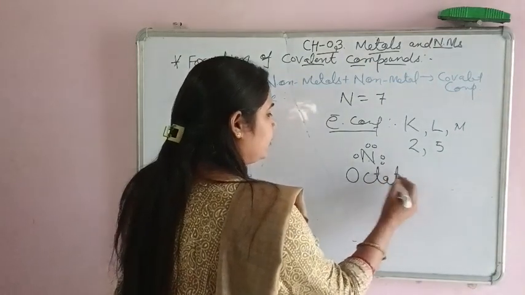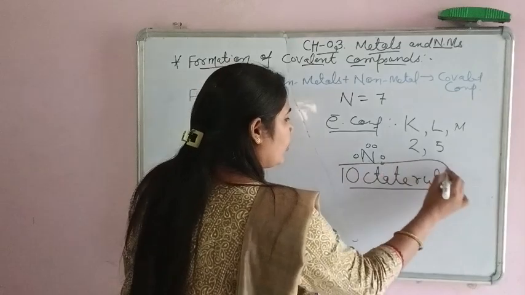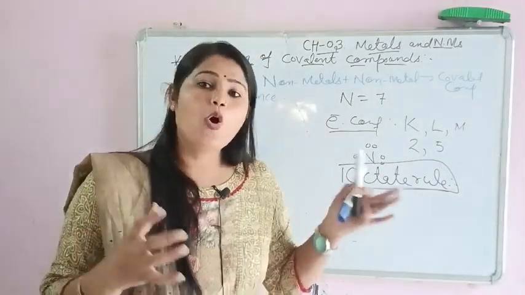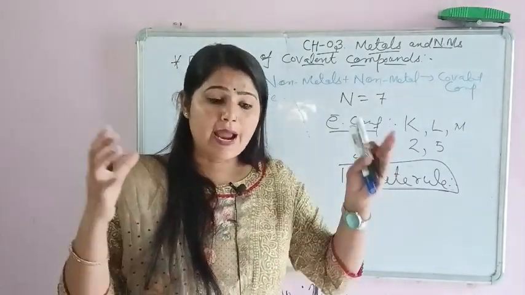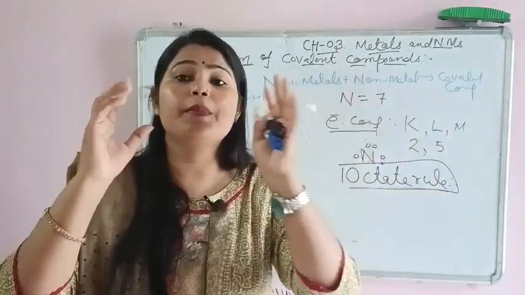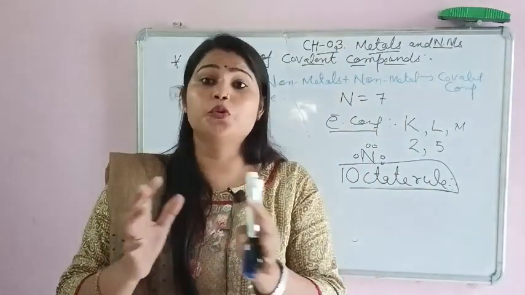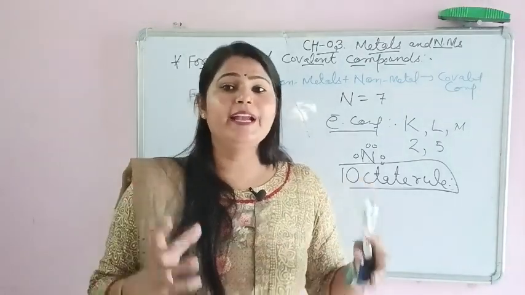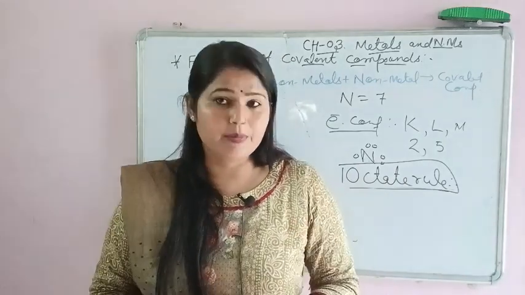What do you mean by the octet rule? Octet means 8. This rule says that an atom should contain a maximum of 8 electrons in the last shell; the valence shell should contain 8 electrons. If an atom acquires 8 electrons in the last shell, that atom becomes stable.